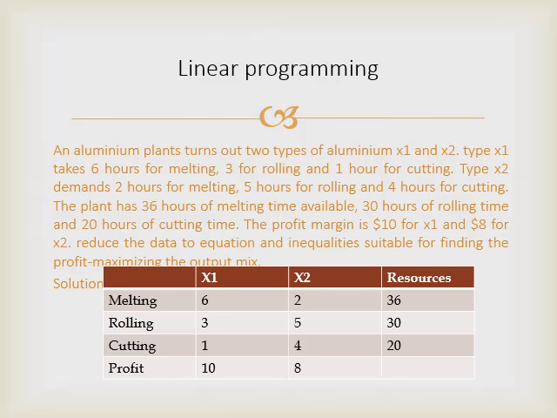Now, let's check our available time for this plant or company. For the melting process, the company has only 36 hours. For the rolling process, the company has only 30 hours. And for the cutting process, it has 20 hours.